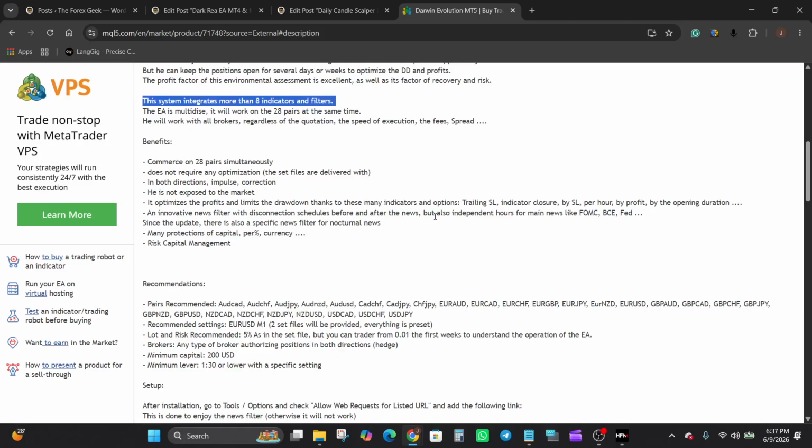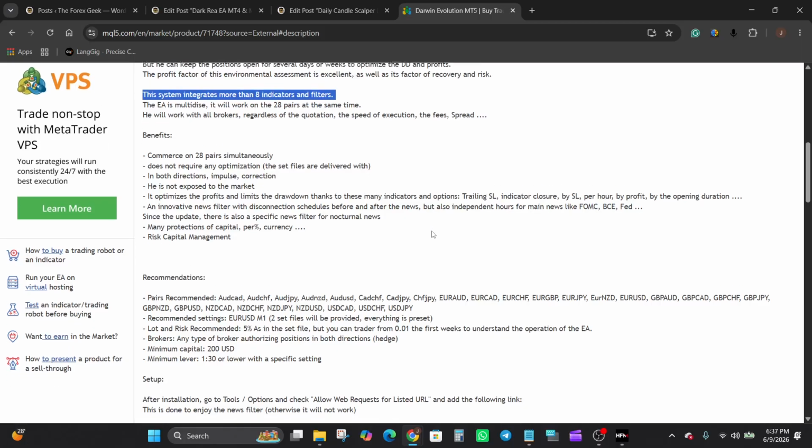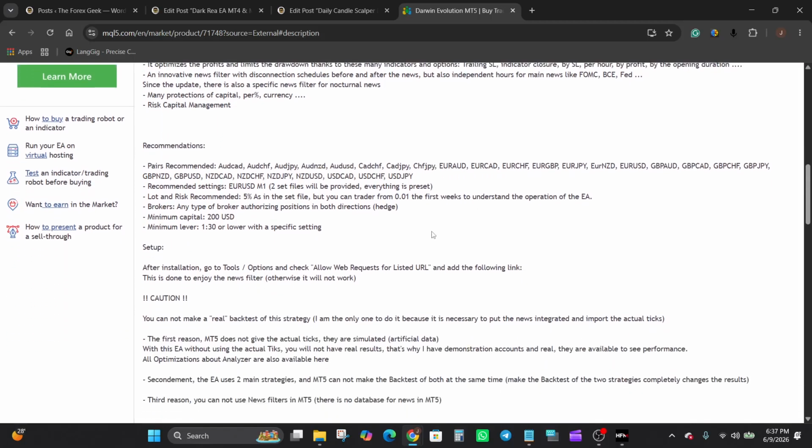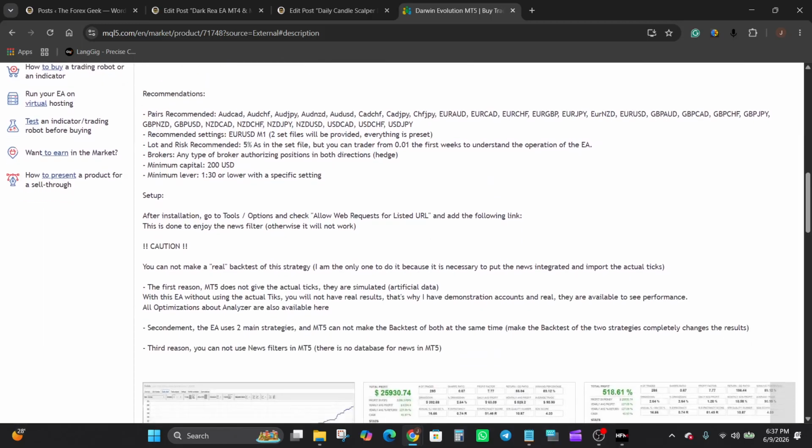Now, moving into the backtesting discussion, the developer clearly states that real backtesting is not fully possible for this EA in MT5, mainly due to limitations around tick data accuracy, news filter simulation, and the fact that parts of the system cannot be fully replicated in the strategy tester.